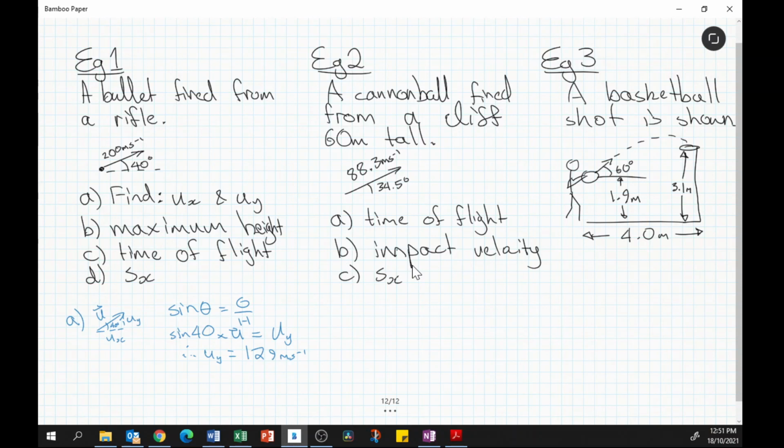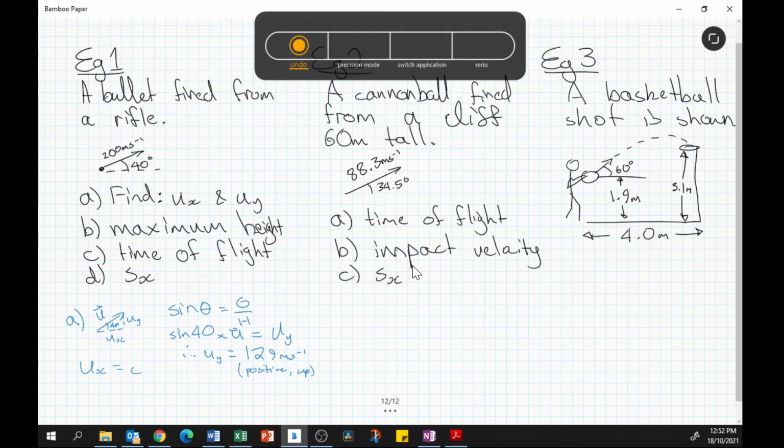It's pretty obvious in this problem and most of these, but it can be worth noting that that's positive, so up. Ux, of course, is going to be just cos, exact same thing.